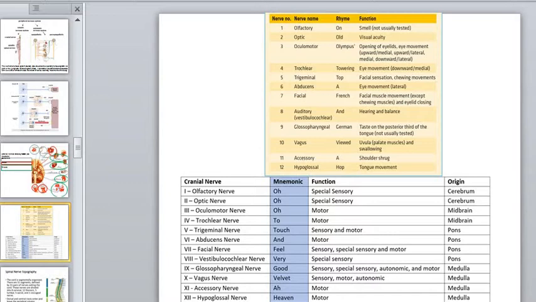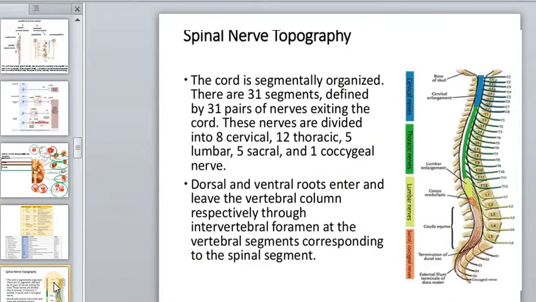Now consider the spinal nerves. On the next slide you see spinal nerve topography. These are all the spinal cord segments in some common species. As you know, they originate from the spinal cord, and the spinal cord is located in the spinal canal of the spine.